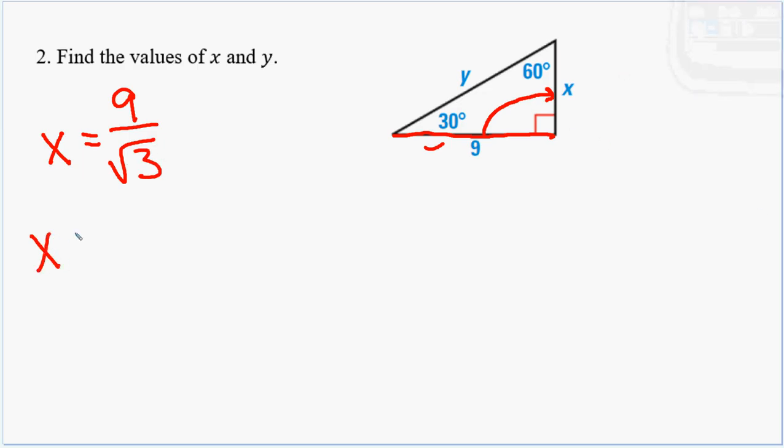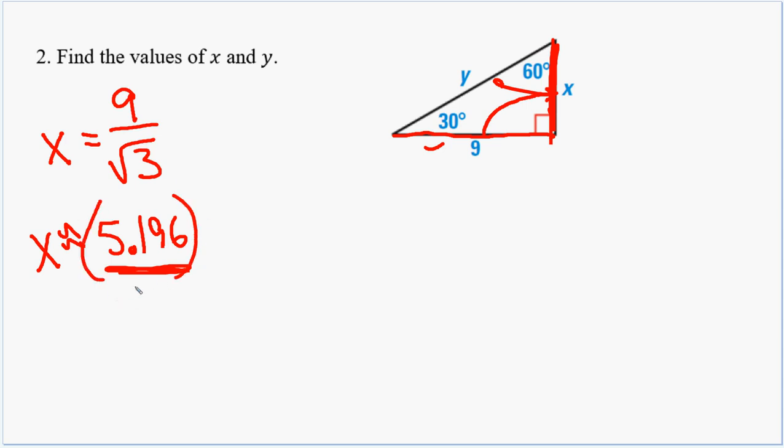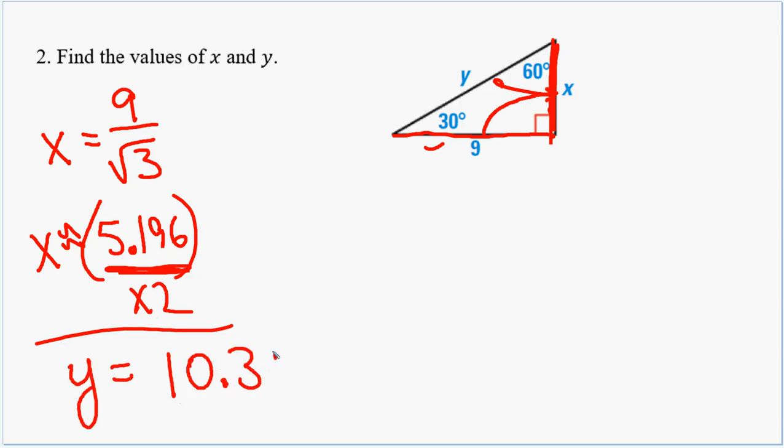And that means x is about 5.196. Now to get y, again, here we are on the short leg. We know that it is 9 over root 3, or this decimal. To jump to the hypotenuse, we're just going to double that. So this times 2 is about y equals 10.392.